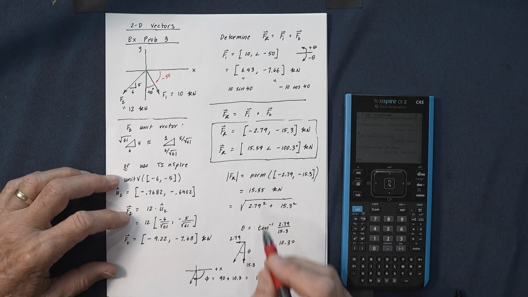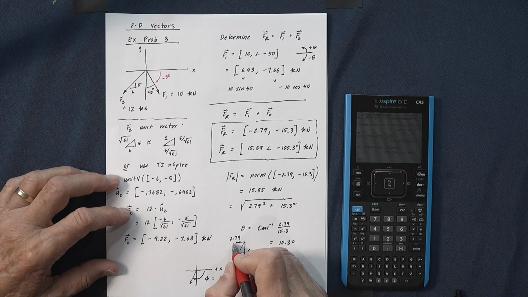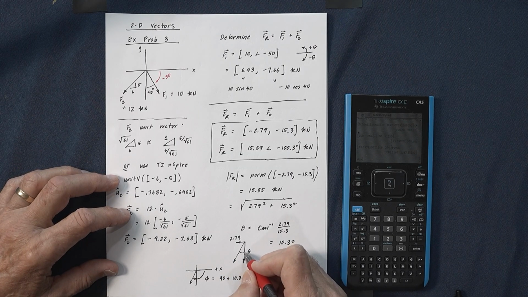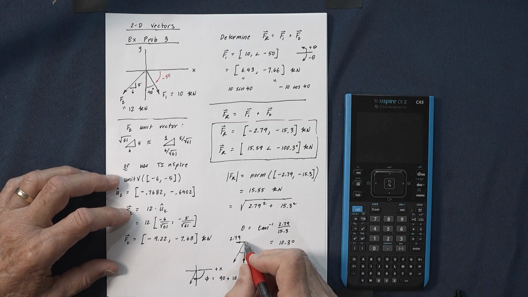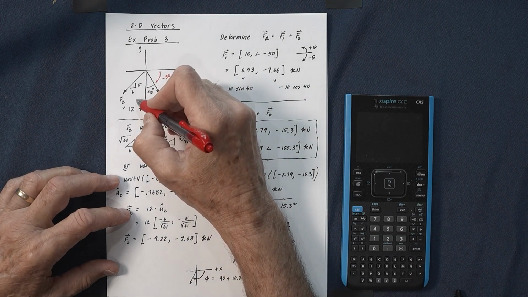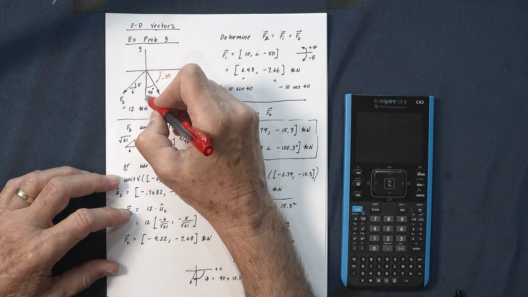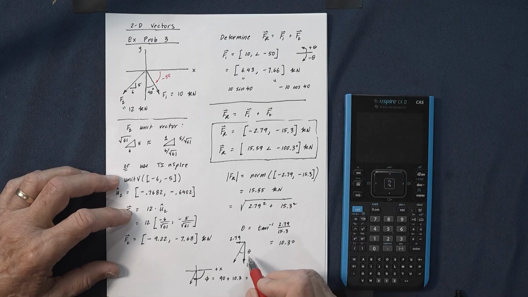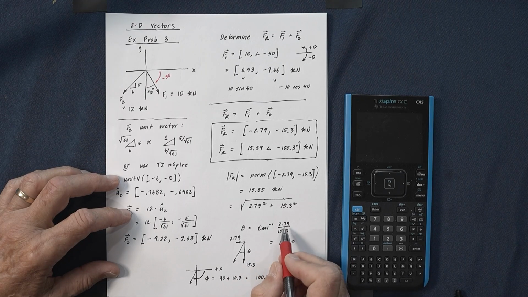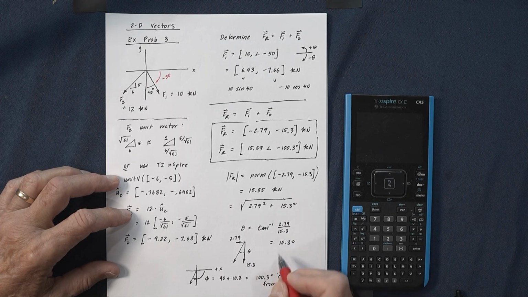If you draw the picture of this, it's negative 2.79 and negative 15.3. So you know the vector is going to be in the third quadrant, just to the left of the negative y-axis. So that theta is the inverse tangent of 2.79 over 15.3.